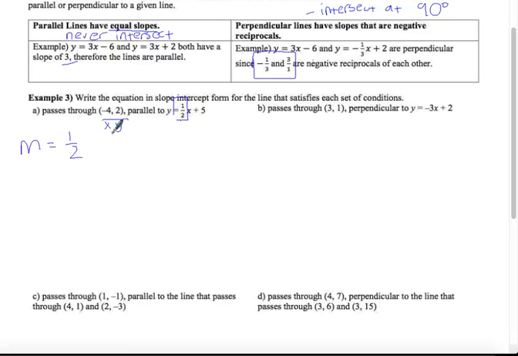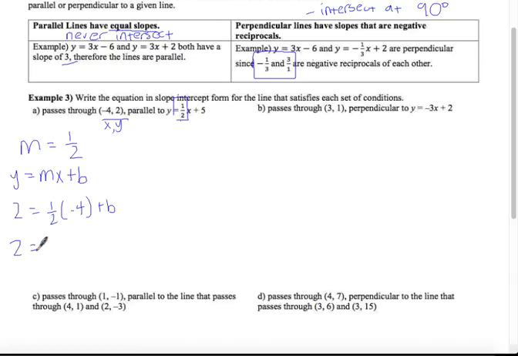So if it passes through negative 4, 2, that means, so here's our slope-intercept form again, mx plus b. We know that m is 1/2, and we know that when y is 2, then x is negative 4. So 1/2 times negative 4 plus b. And then we just solve this.